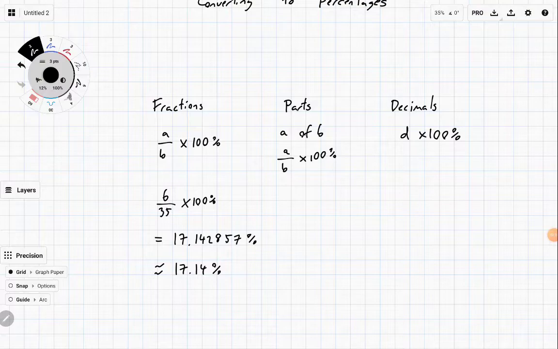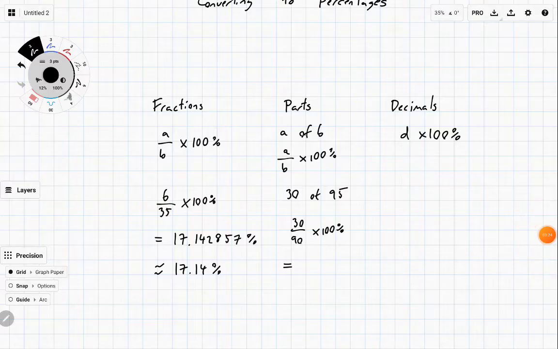All right, and for all of these, we're going to just round to 2 decimal places for each of the percentages. So let's have a look at the parts. Imagine we've got 30 of, say, 95, and we don't know what percentage 30 is as compared to 95. Well, we go 30 out of 95 times 100%. And that's going to be equal to whatever our decimal is. Once again, into your calculator.